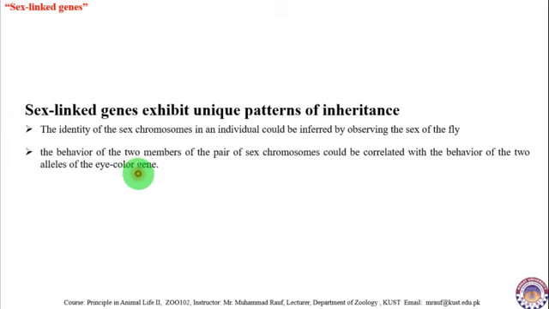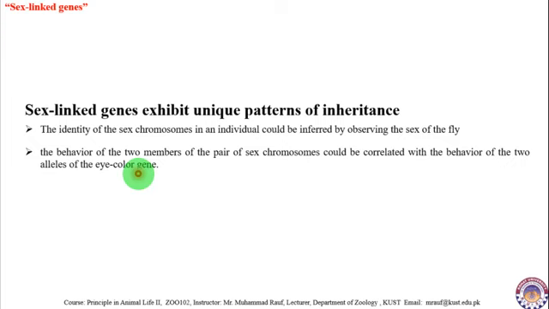In our previous lecture, we discussed T.H. Morgan's experiments with Drosophila melanogaster. T.H. Morgan, for the first time, experimentally proved that genes are located on the chromosomes.